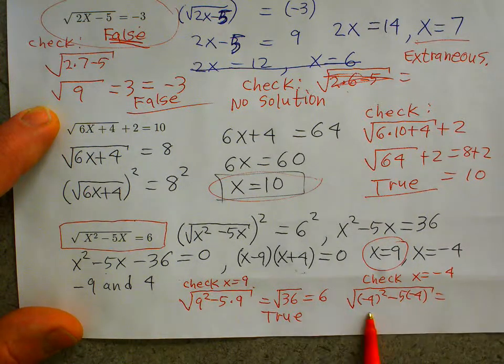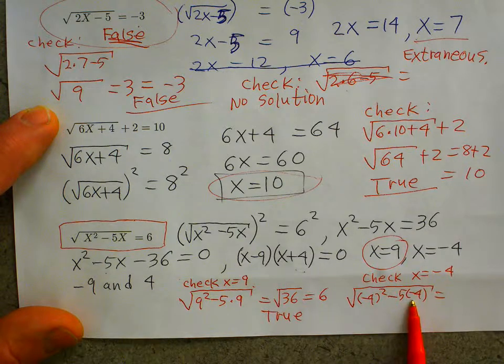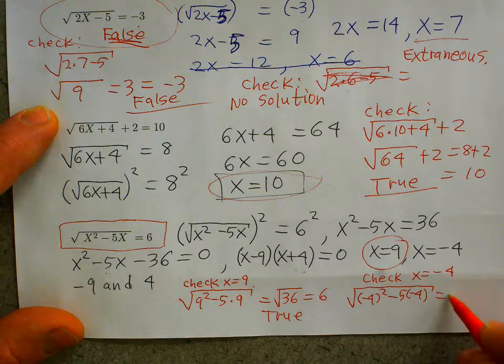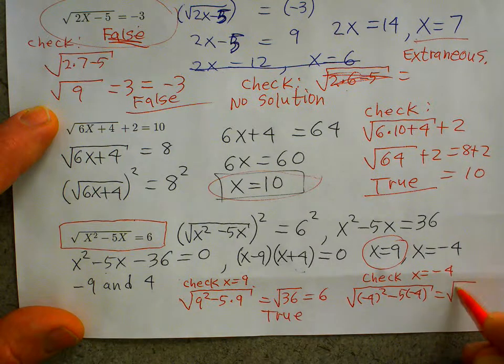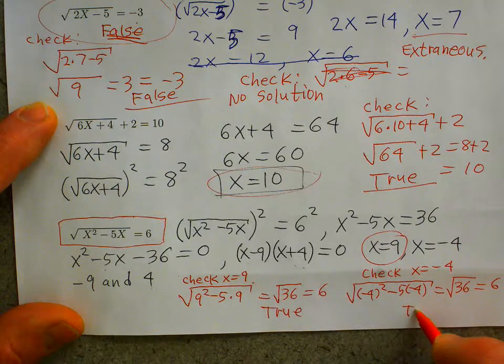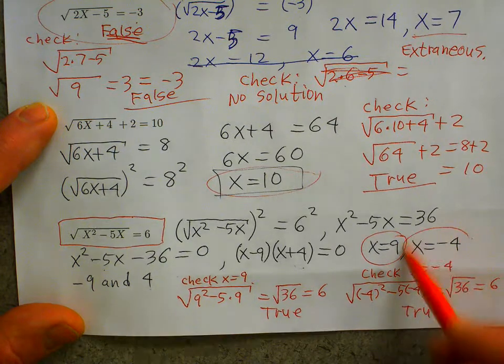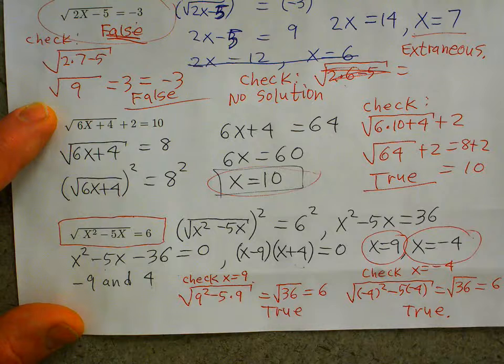The number negative 4 squared is positive 16, and we're subtracting negative 20, which is 16 plus 20, so we have the positive square root of 36 equals 6, and that is also true. So both of those numbers, positive 9 and negative 4, are solutions.